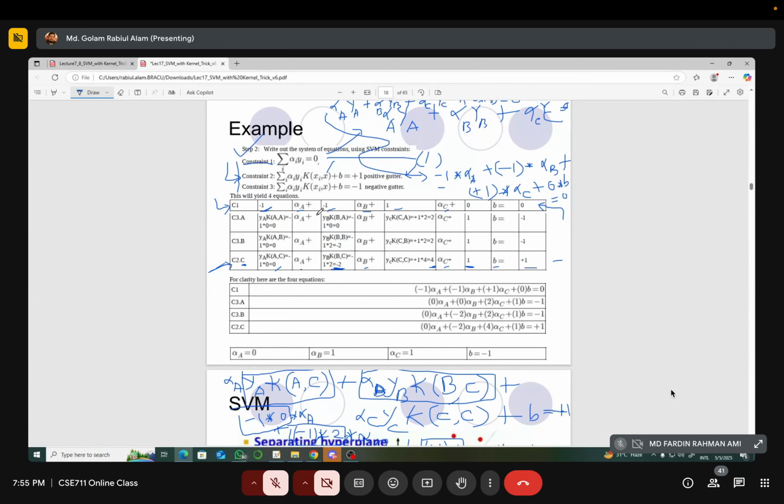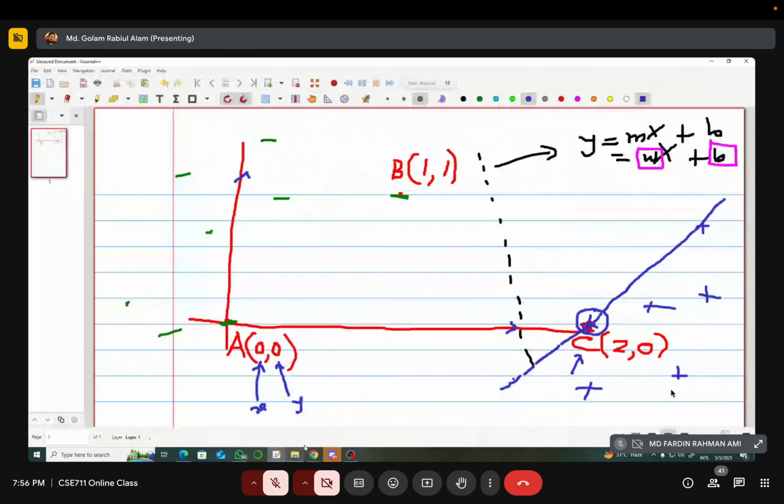Now we have to think about another constraint, constraint number 3, the negative gutter. These two are on our negative gutter. If we want to draw the negative gutter, we have to draw it this way so that it passes through both of these negative support vectors.